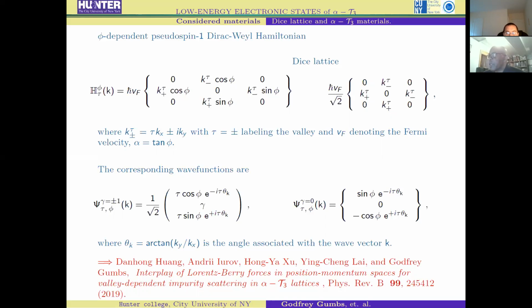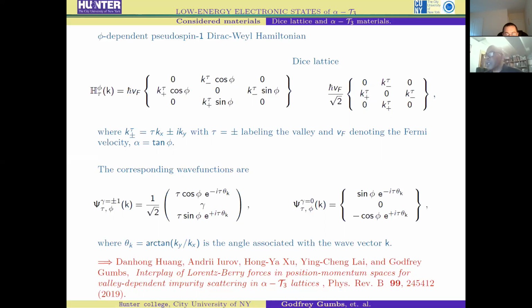And also, so this is the dice lattice case, if I set phi equal to 0, then I eliminate both the third row and the third column. And you may recognize that in that case, when phi is 0, I have this 2 by 2 matrix, which is exactly the Dirac model, the sigma.p model for the low energy subbands.